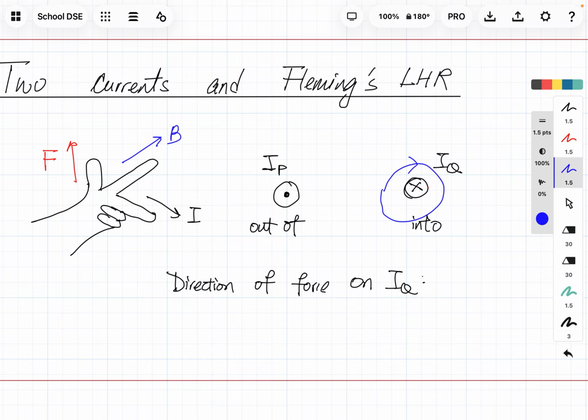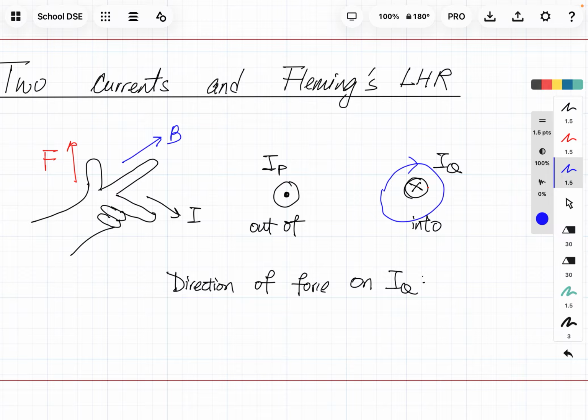So since the currents are in opposite direction, what is the direction of the magnetic field at the point in red? From left to right. To the right. Yes, I use the right hand grip rule.